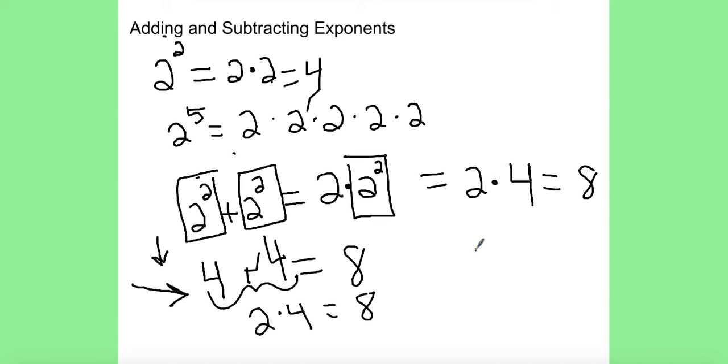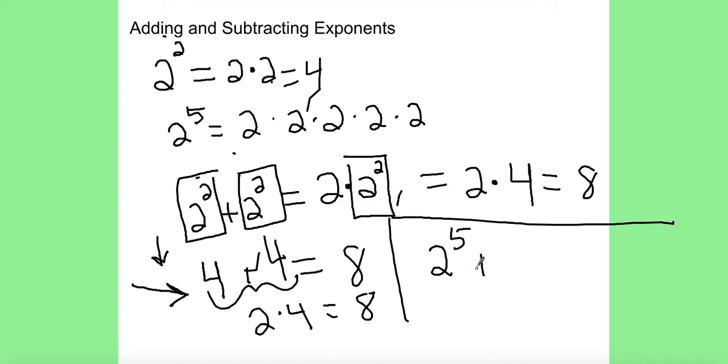But what happens if instead we have 2 to the 5th power plus 2 squared? So let's say we get this. There's 2 to the 5th plus 2 to the 2nd. Well, now these are ultimately different objects.